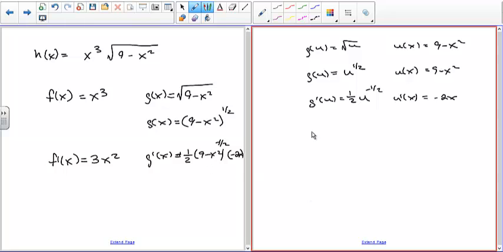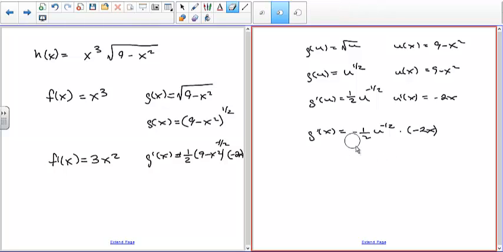Okay, so you can see how g prime of x is going to be 1/2 u to the minus 1/2 power times u prime of x. Now, again, notice I put the parentheses here. And I don't know why I put a minus sign there, so let's get rid of that. So you get 1/2 u to the negative 1/2 times that.